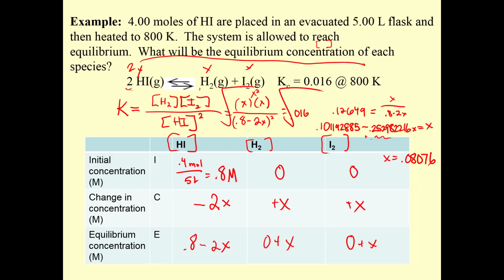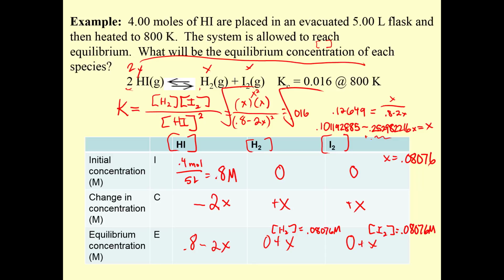But it says what will be the equilibrium concentration. So at equilibrium, we're going to have x of H2. So H2 concentration is going to be equal to 0.08076 molar. The I2 concentration is also x. That's going to be 0.08076 molar.